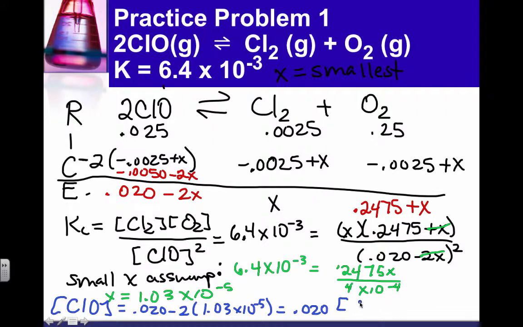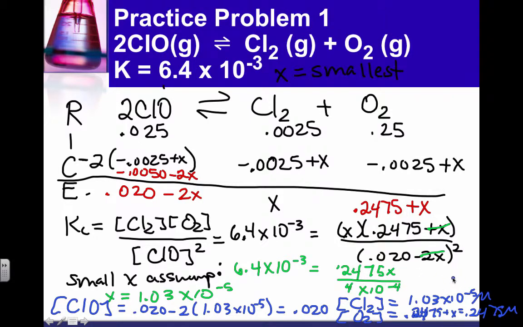And then the concentration of chlorine is equal to x, so that's 1.03 times 10 to the minus 5 molar. And then I also get the concentration of oxygen, which is 0.2475 plus x. And is that going to make a difference? No, it's not. So it's 0.2475 molar. There's our equilibrium concentrations of all the values.